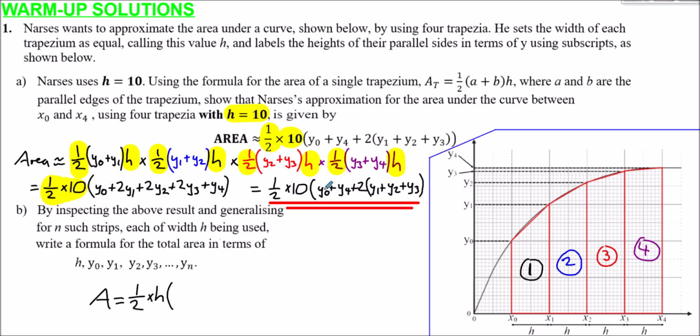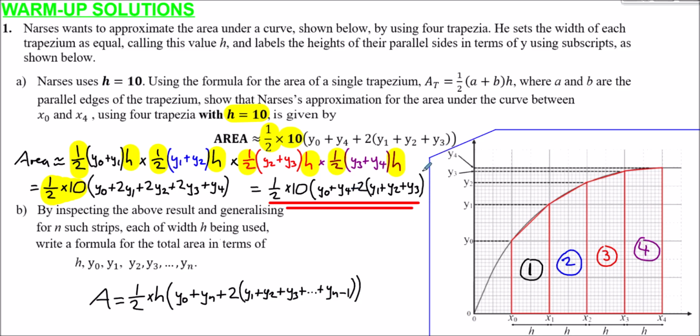We've got the first height and the last height, so generally speaking that'll be y0, and if you have n strips generally, that'll be yn, the last one, and 2 lots of all the heights in between, y1 plus y2 plus y3, all the way up to the penultimate height, y subscript n minus 1.